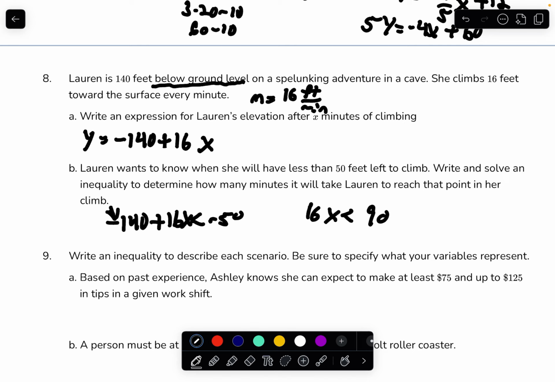Which is going to be a fraction. So it's 45 eighths.